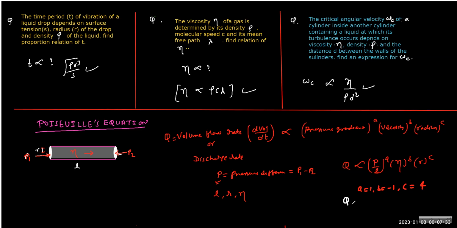So this Q is the volume flow rate, discharge rate, and it is coming as P to the power 4 by L, right?